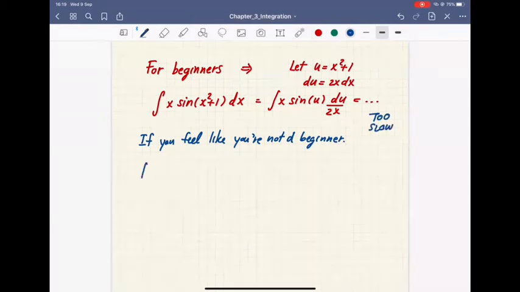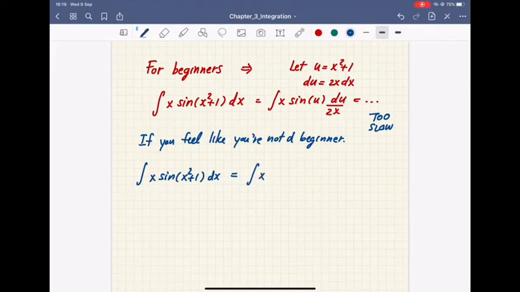So what you can do is, well, I am going to tell you this thing because some students are gonna say, if I like something like this, integrate x sine of x squared plus 1. And then you just switch the dx here. Look, you want to see the dx here. Ajahn, can I say this is d of x squared plus 1? And then I say over 2x here.